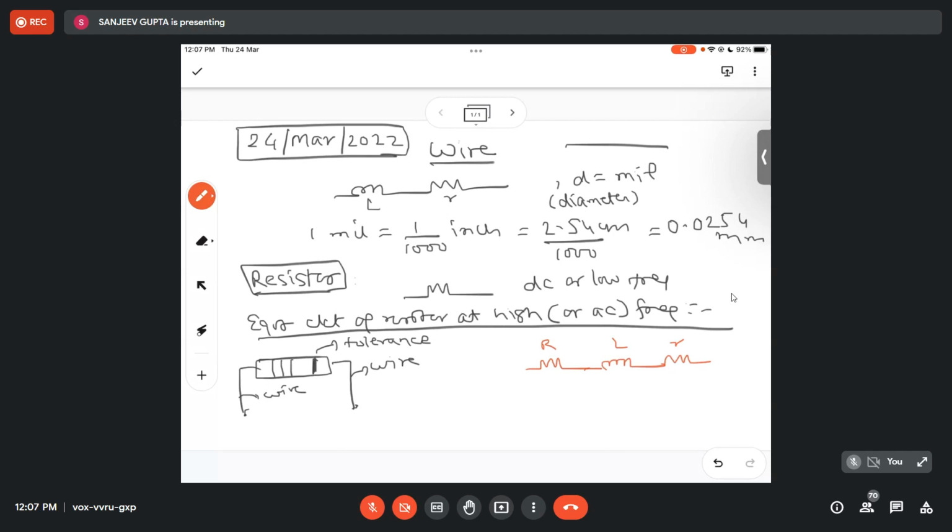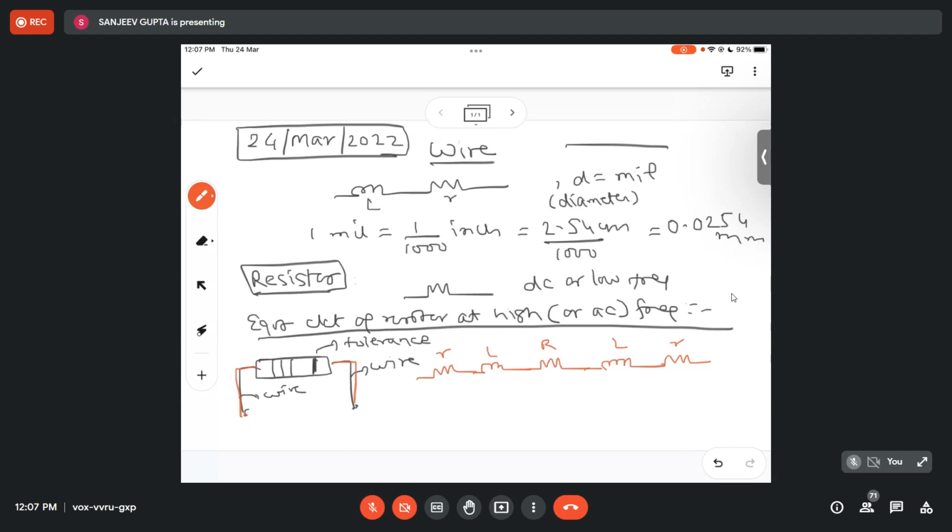There is an inductor and a resistor on this side also, because these two represent the wires on the two sides. So one is this wire, another is this wire, assuming typically both wires are of the same length and the same diameter. So I am putting the values R and L the same on either side.